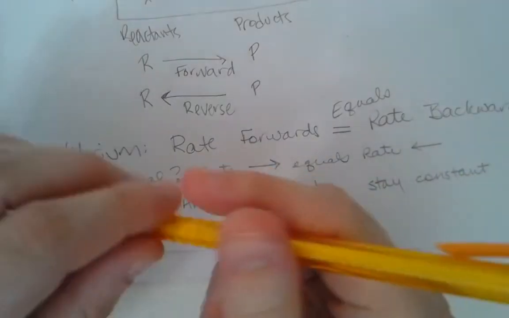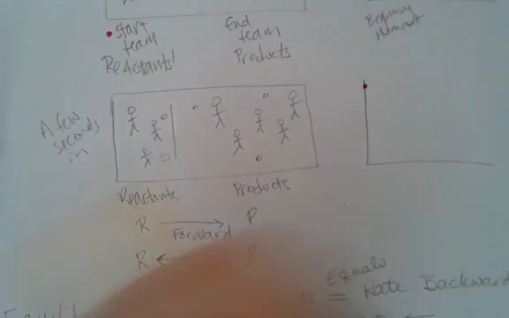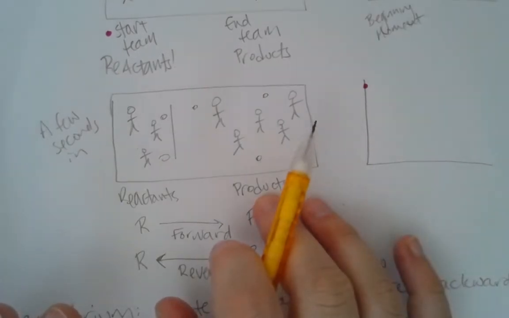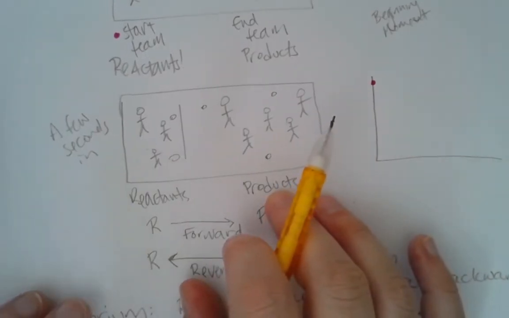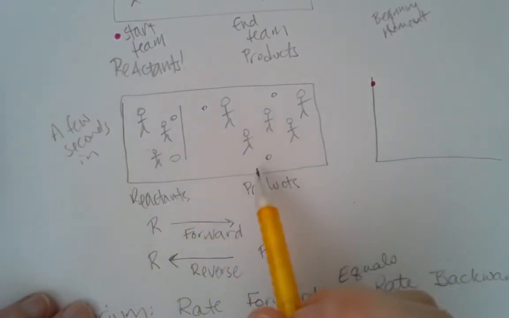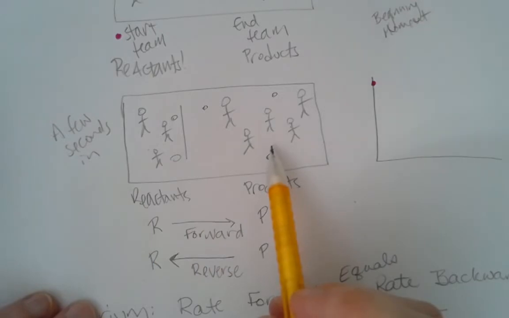Kind of like your pencil. So when we play this game, I stop you a few seconds in, we count the bouncy balls, we make a ratio of bouncy balls on the reactant side to bouncy balls on the product side.